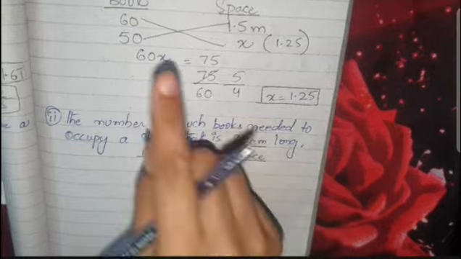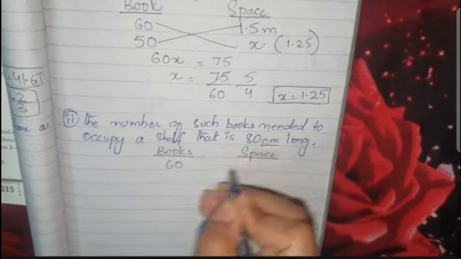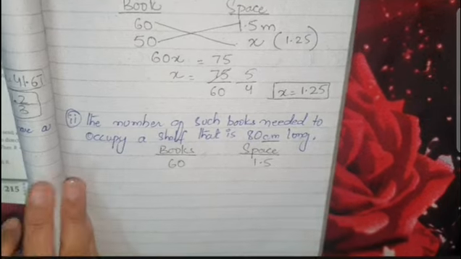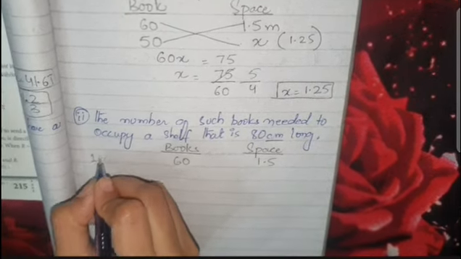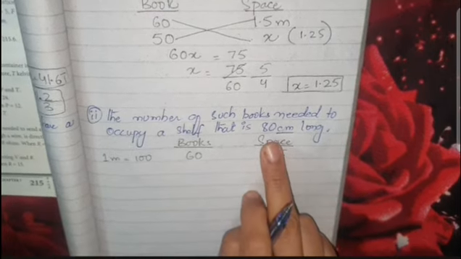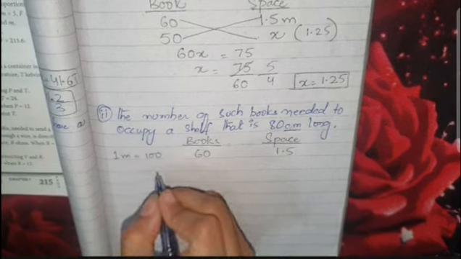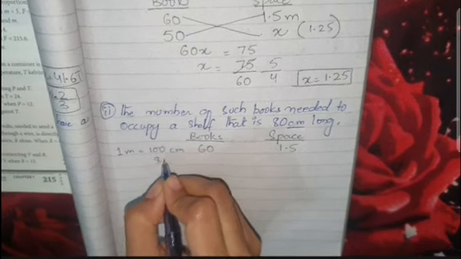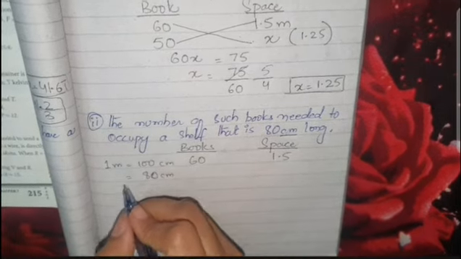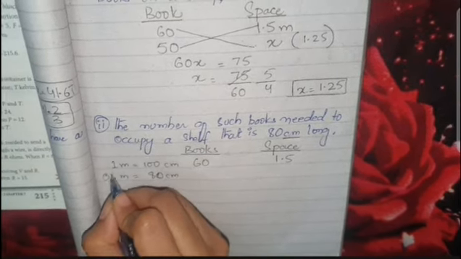In the question it is given that the total books are 60 and the space they occupy is 1.5. 1 meter is equal to 100 centimeters, so 80 centimeters is equal to how many meters? We will take 0.8 meter.